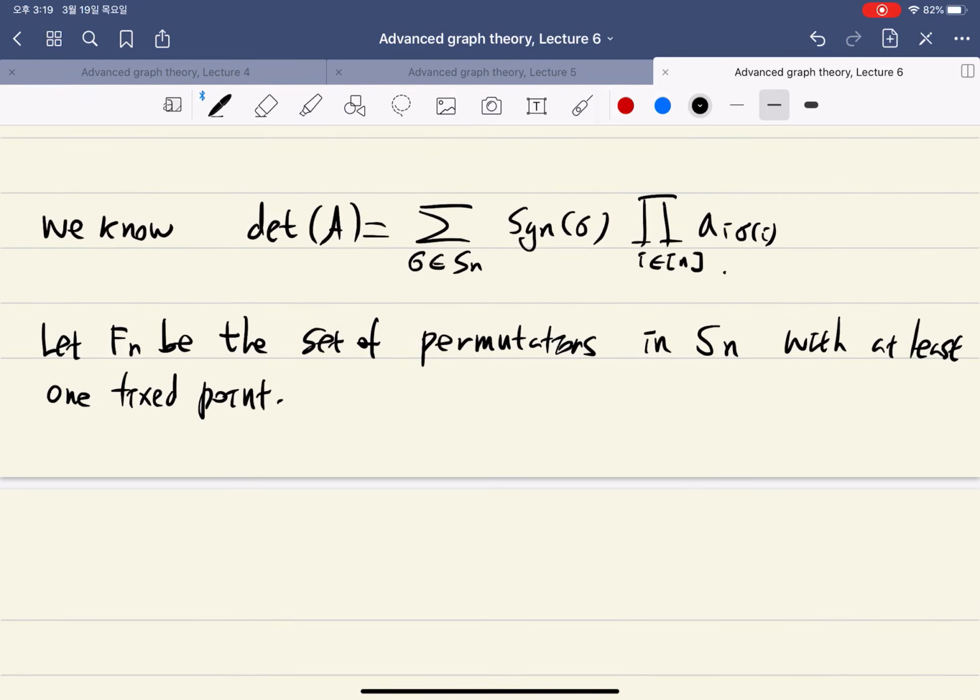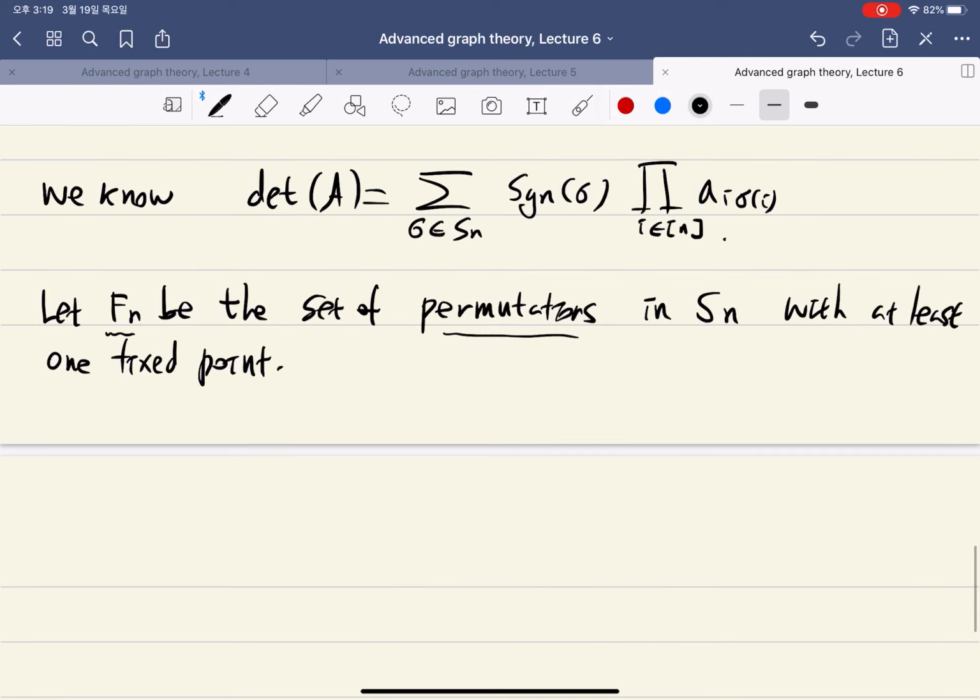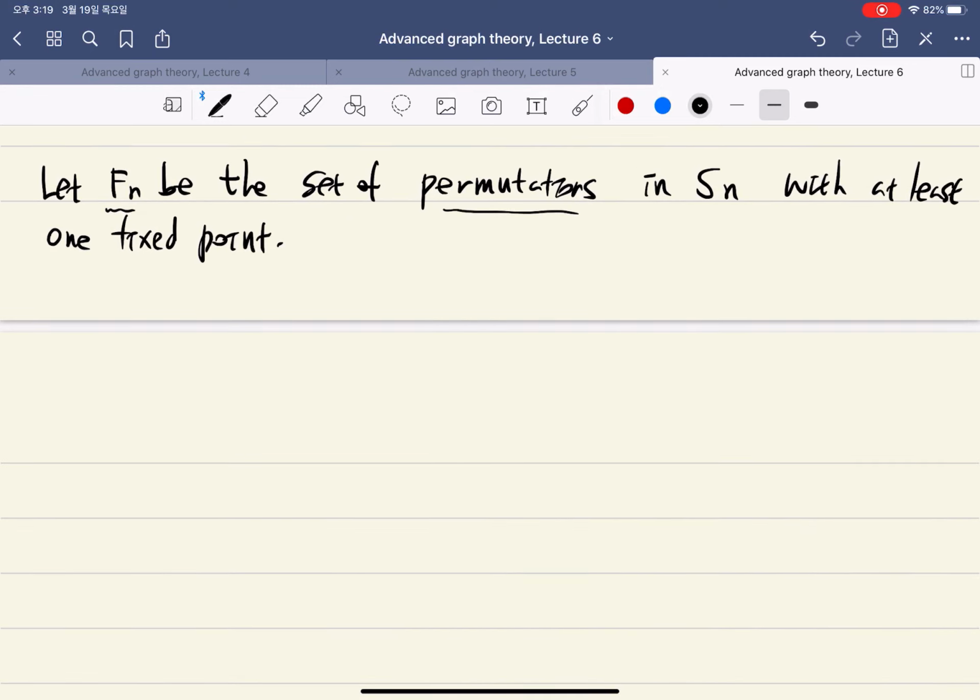So let's first deal with the case where the permutations have at least one fixed point. Then what do we have?